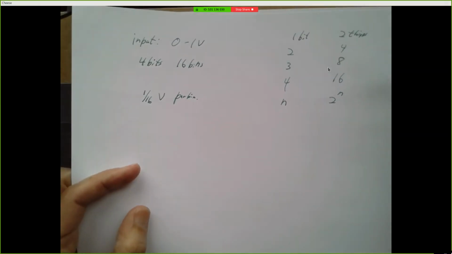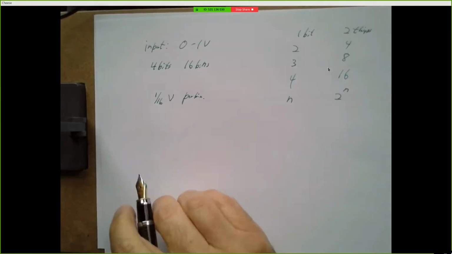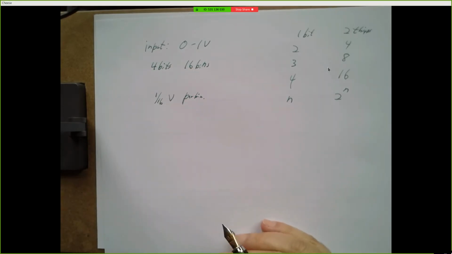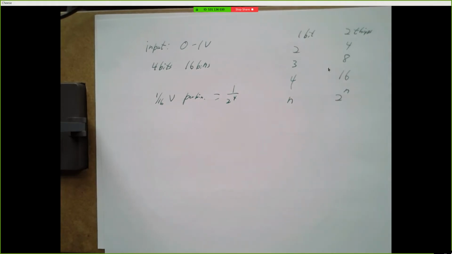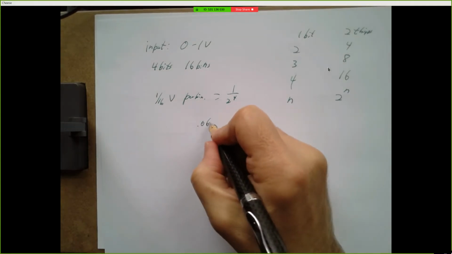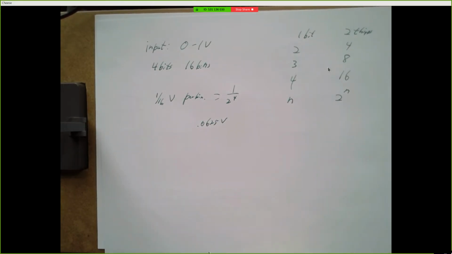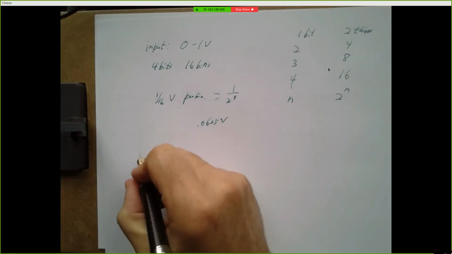So in this case, if we had 4 bits, our resolution would be 1/16, right? Which is 1 over 2 to the 4th. So a pretty small amount. Okay, 0.0625. If we had 10 bits, our resolution would be about 1/1000th, about a millivolt.